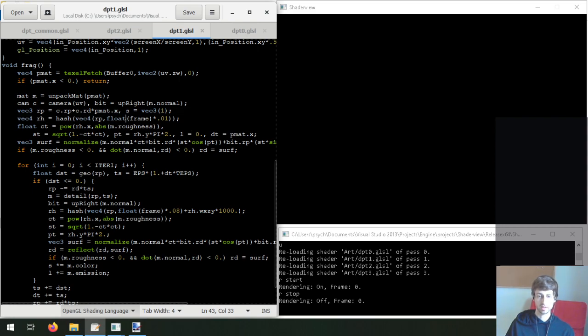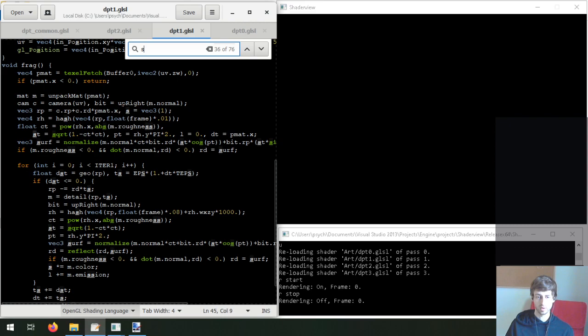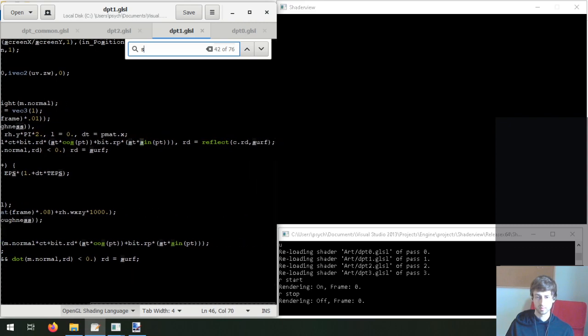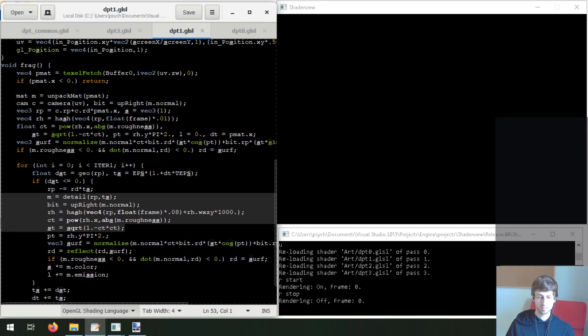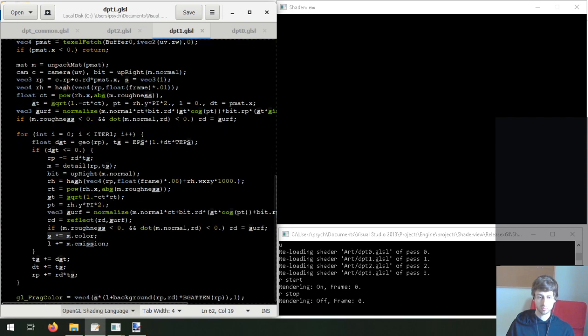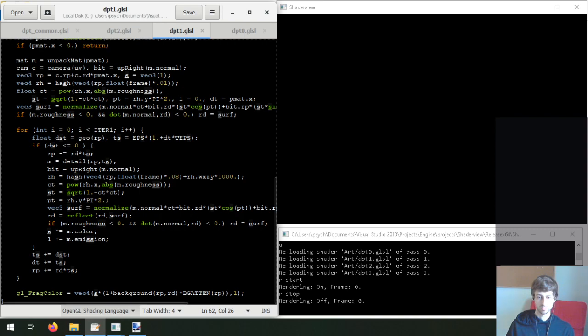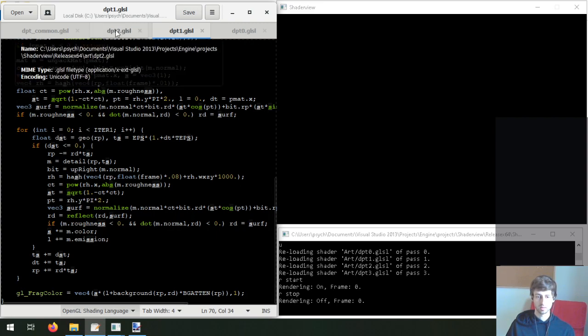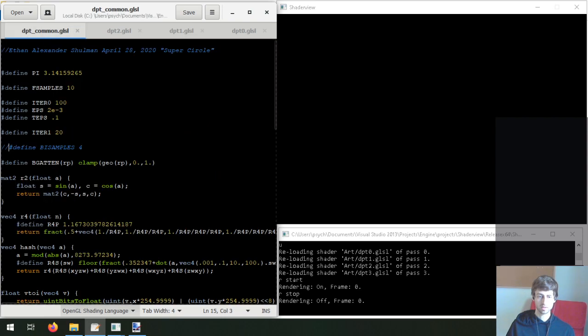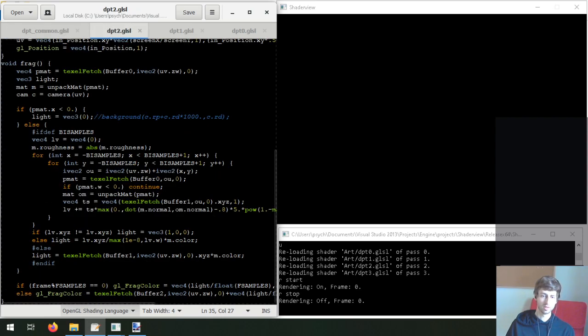So our S value here starts out at 1. And then it's multiplied by the color. And at the end it multiplies that by the lighting. Unless there's emission.